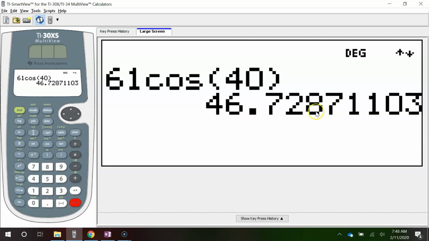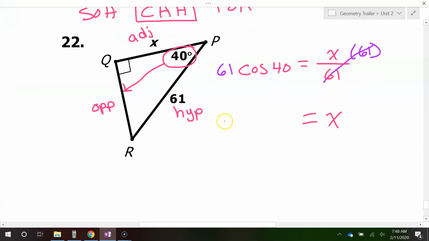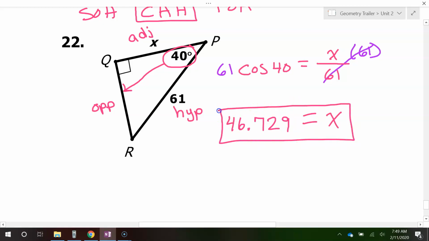Got to round up. 46.729. And that is how you can find missing sides and angles using sine, cosine, and tangent. And the Pythagorean theorem thrown in as a bonus.